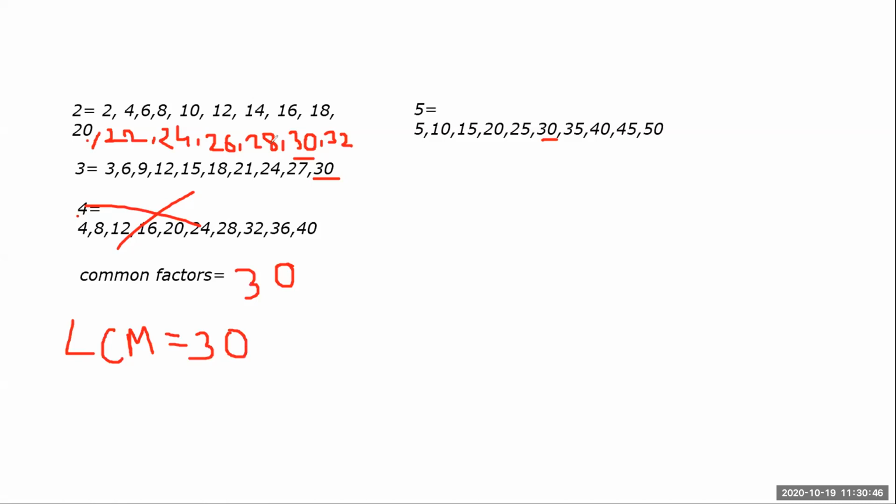This 30 is there in 2, in 3 and in 5. Before 30, no common multiple was there. So our lowest common multiple or least common multiple is 30. I hope everyone is clear on this.